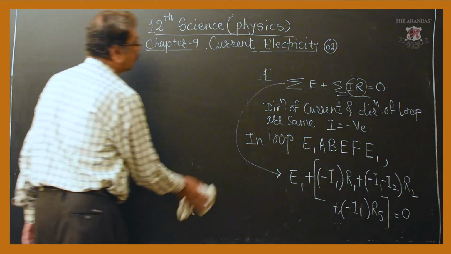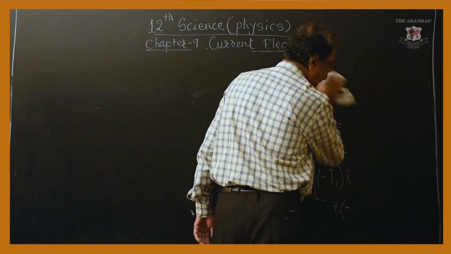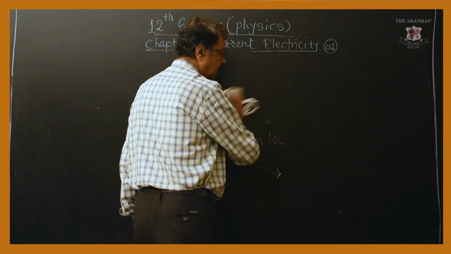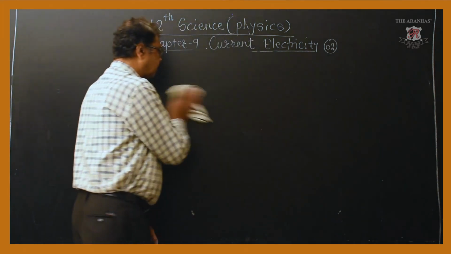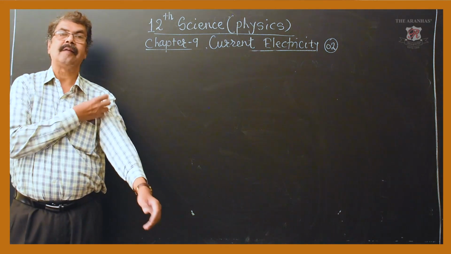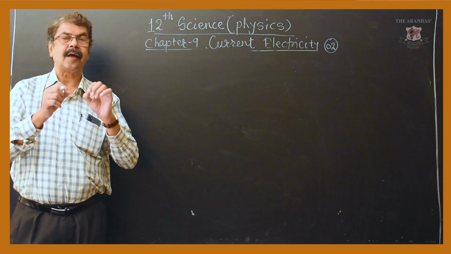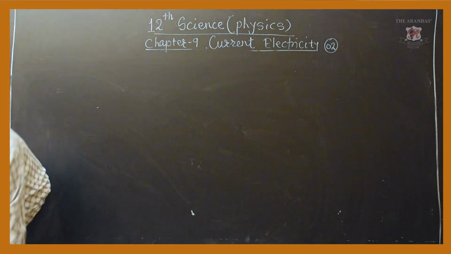When you are writing the answers in the answer paper, read the question carefully, because there is one more Kirchhoff's law in physics that is related to heat and radiation. So read it carefully which Kirchhoff's law is asked.